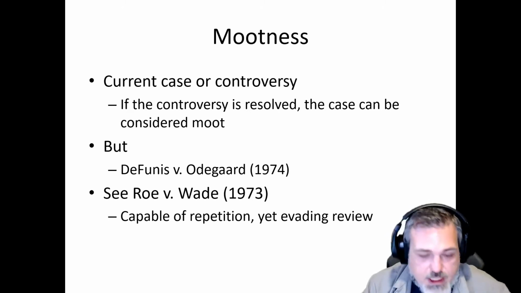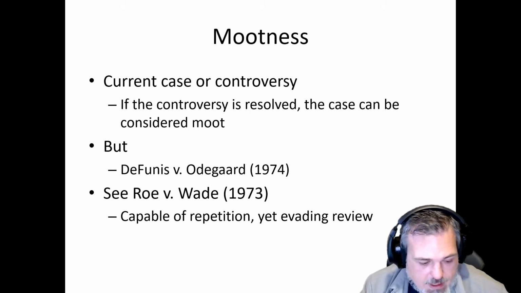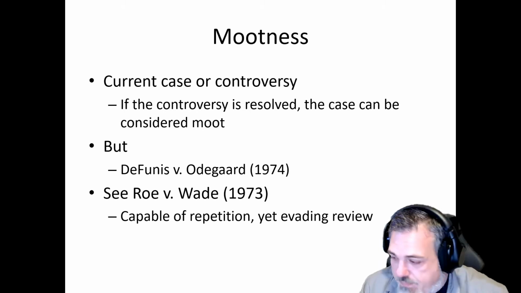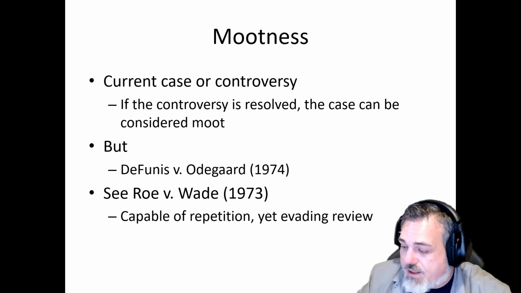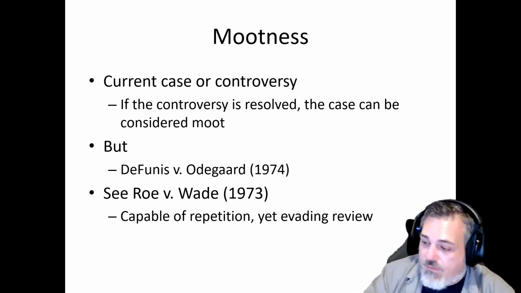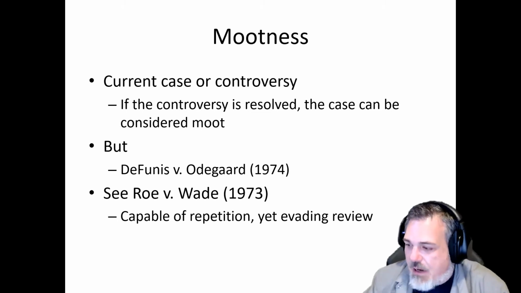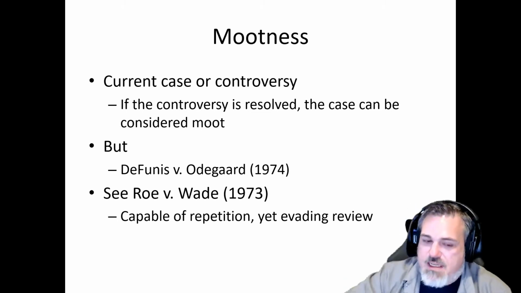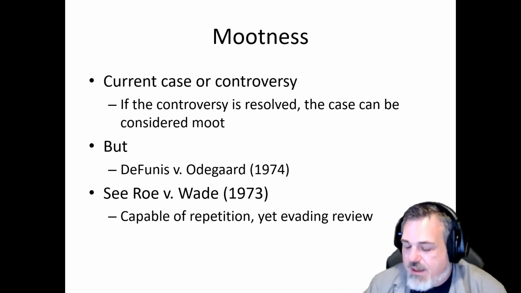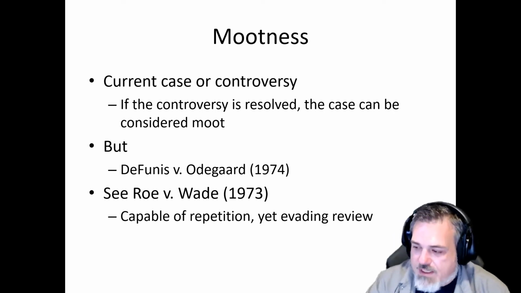So in this particular case in Roe v. Wade, the baby was already brought to term. However, it's very easy to see how other individuals in a very similar situation would never be able to get their cases heard because of the timeliness of the action, or the timeliness of pregnancy.